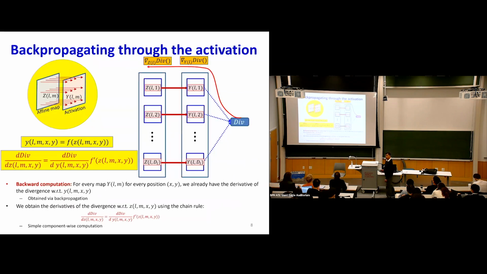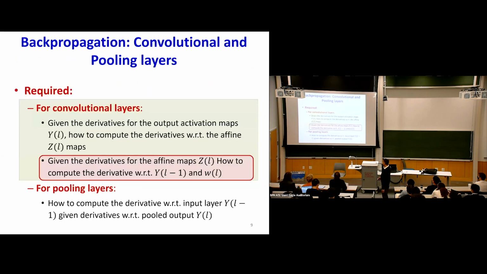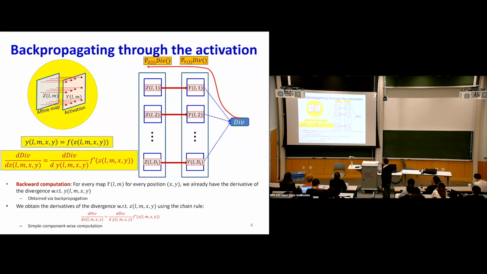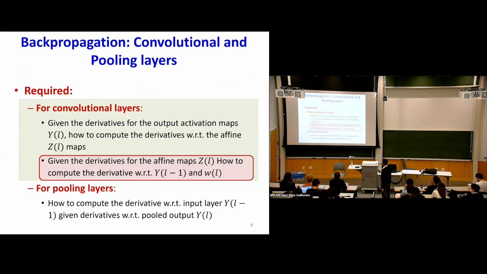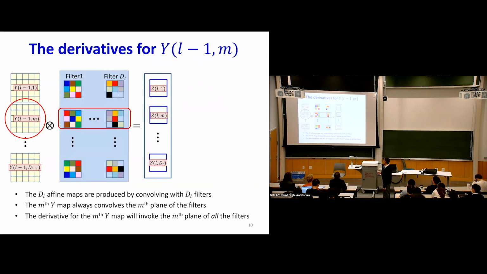And so there were two steps over here. First, we wanted to compute the derivatives of these affine maps, given the derivative of the divergence with respect to the activations. And that was obtained using just the simple chain rule, element-wise. And then, to compute the derivative with respect to the elements of the channels of the previous layer, for any specific channel, we picked all the corresponding channels of all of the filters.